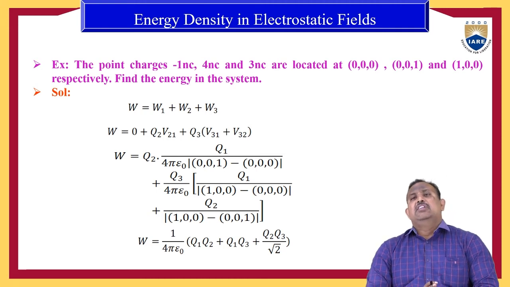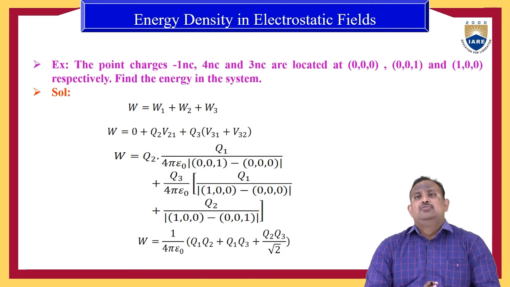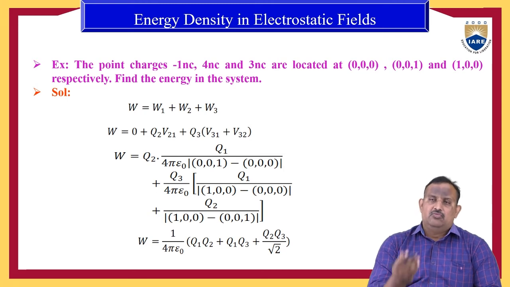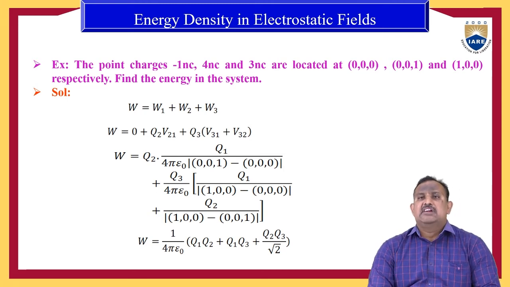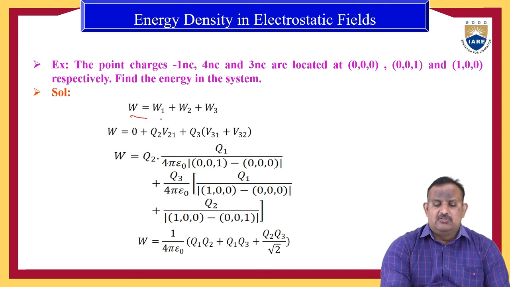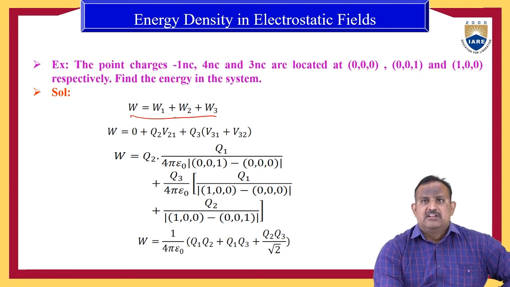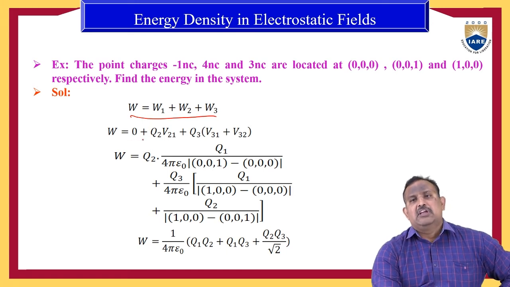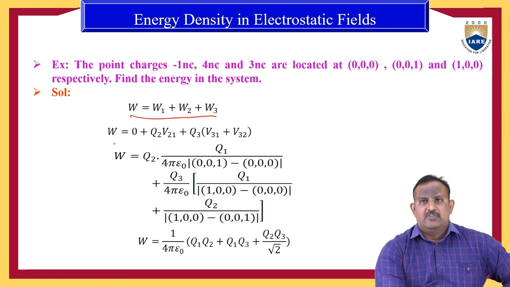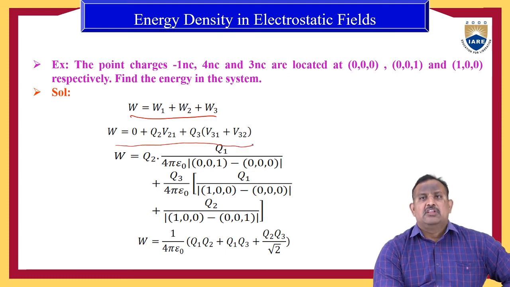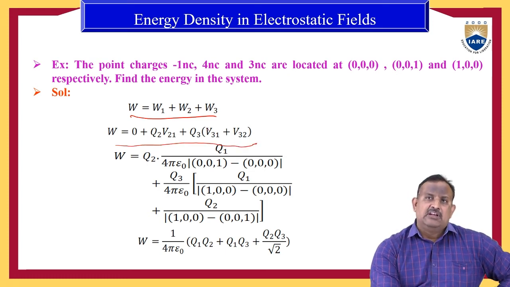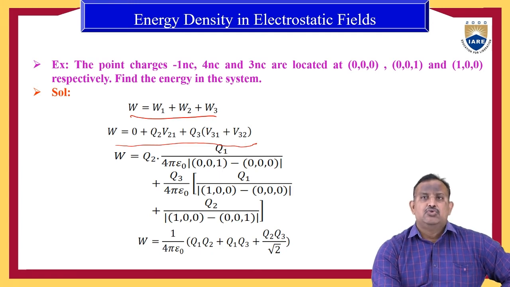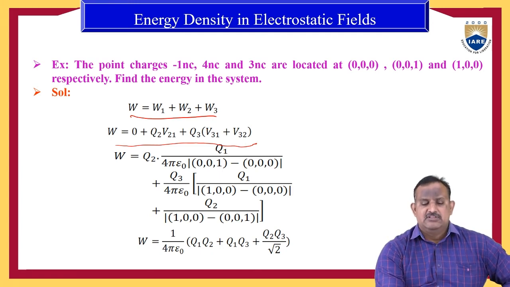We already know the formula for the work done required to move point charges: W is equal to W1 plus W2 plus W3. We can do the problem in two ways. The first one is the direct method. The work done required in moving point charge Q1 from infinity to space is 0.